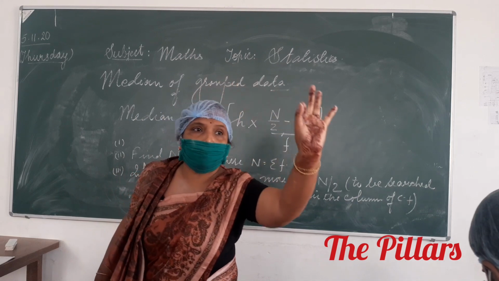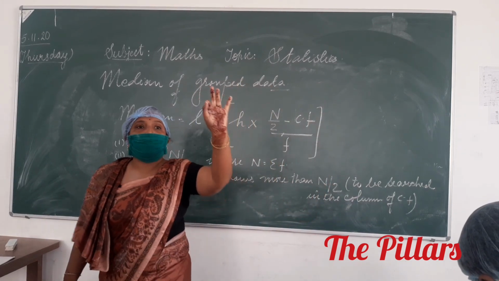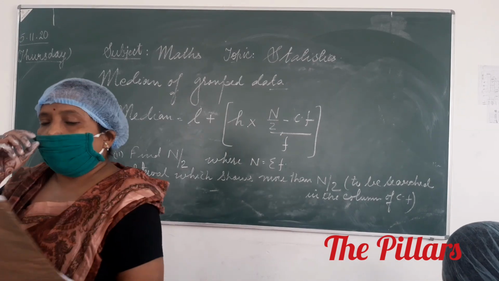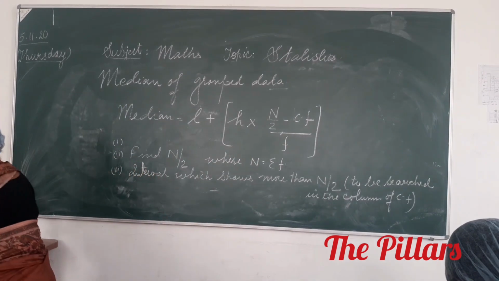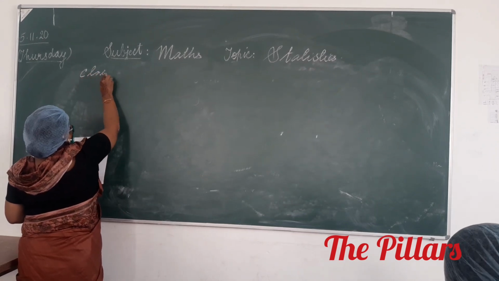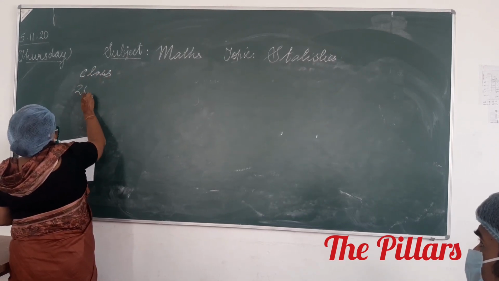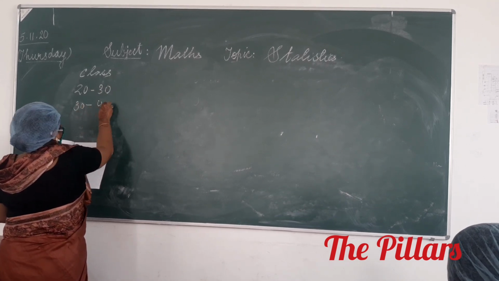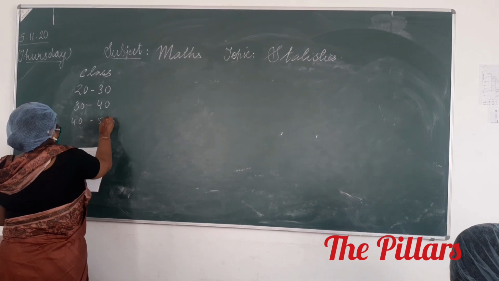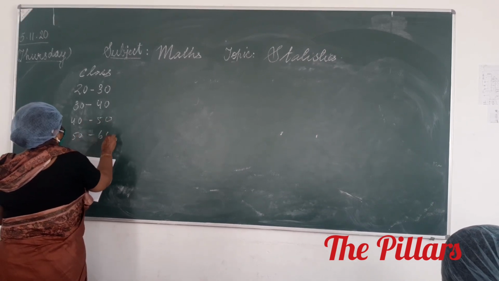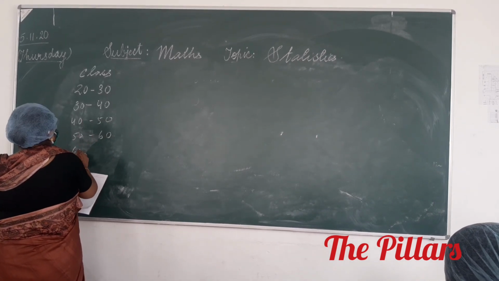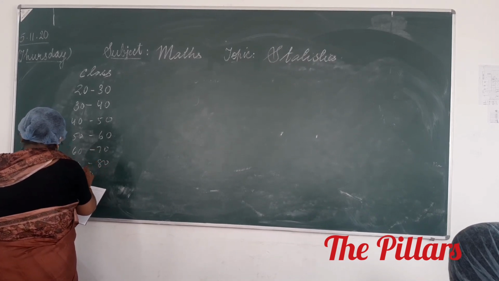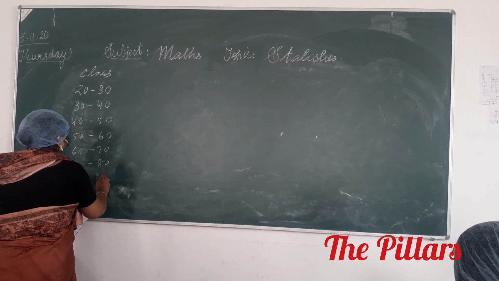Write the question. Those who were present in the class yesterday, I am continuing with the same question. Those who are not here, you write. Find the median of the following data. Class: 20 to 30, 30 to 40, 40 to 50, 50 to 60, 60 to 70, 70 to 80, and 80 to 90.